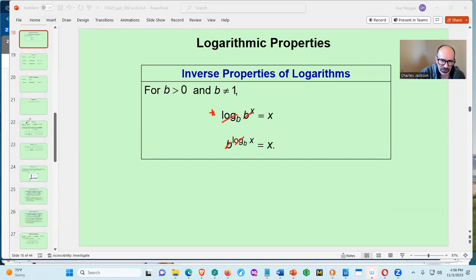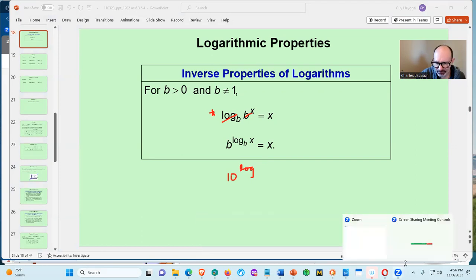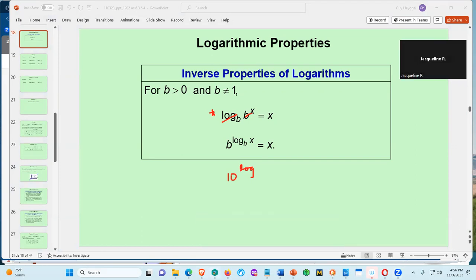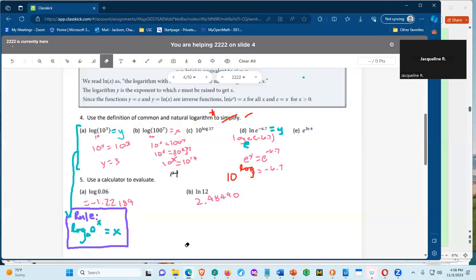So I believe it's 10 raised to the log base 10 of, is it 37? It was negative 6.7, I believe. Oh, I'm on part C. Oh, yeah, 37.